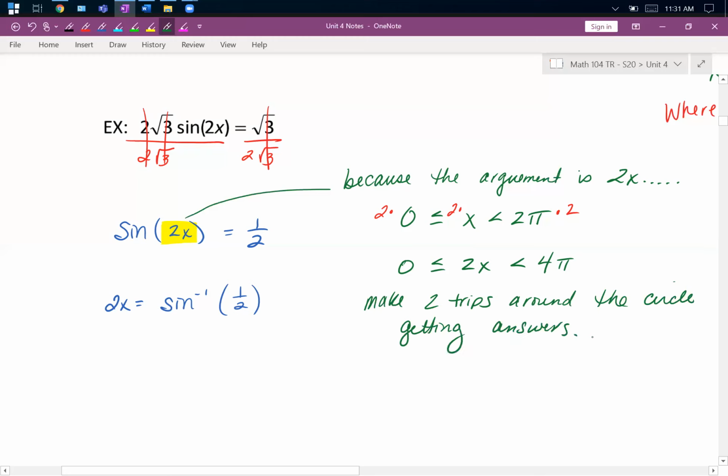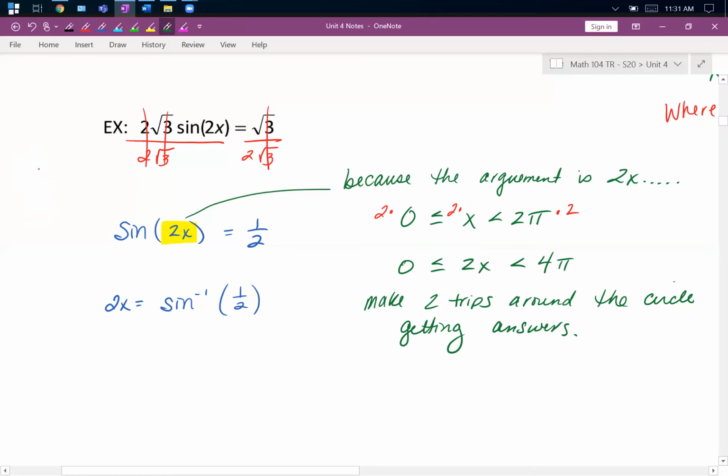If our argument was 3x, we'd go 3 trips. If our argument was 4x, we're going to go 4 trips. If our argument is x over 2, we're going to go half a trip. If our argument is x over 3, we're going to go a third of a trip and only go 120 degrees.